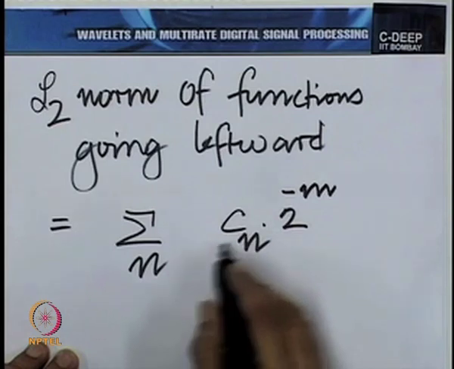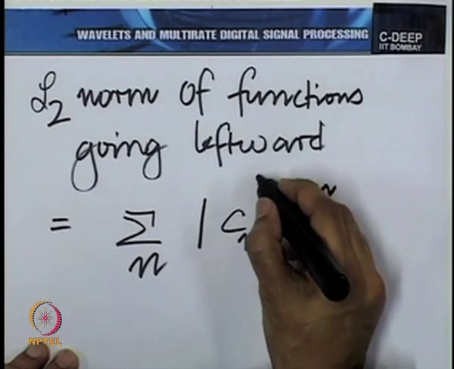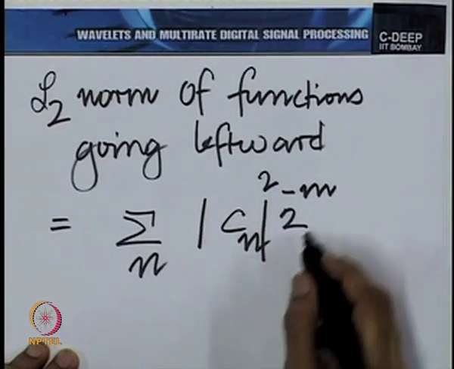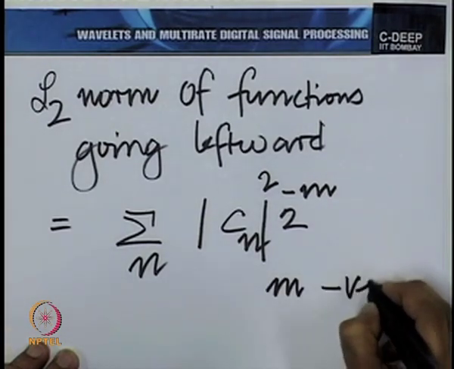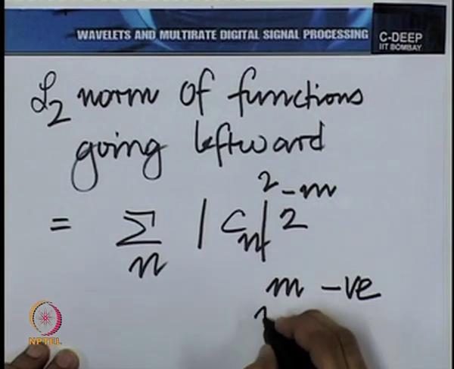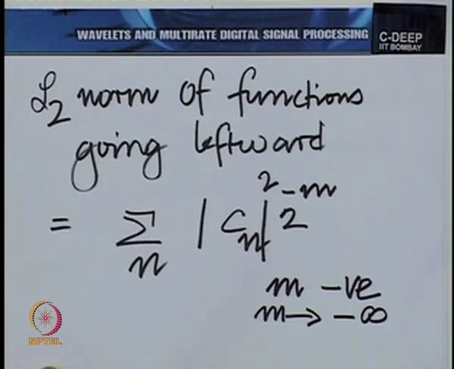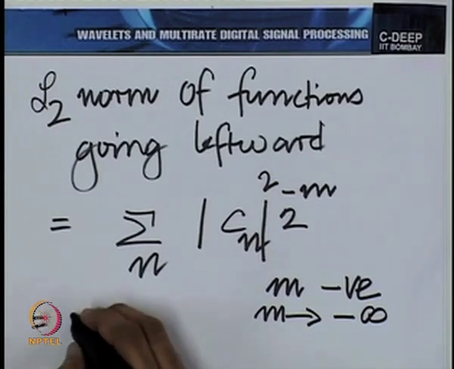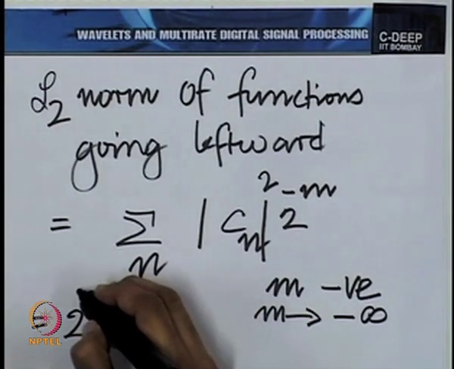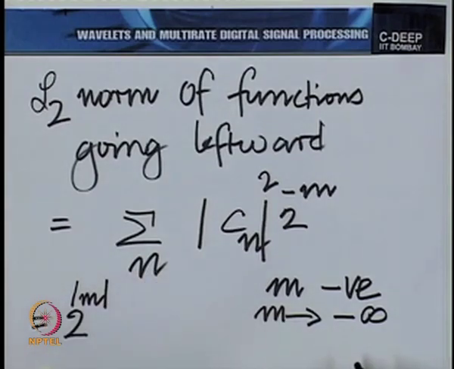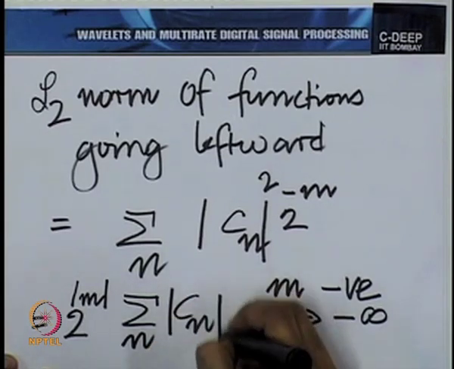So, this is essentially, you are talking about integrating mod C n squared, it is a constant over an interval of 2 raised to the power minus m, and please remember m is negative and m goes towards minus infinity as you go leftwards. So, that is the same thing as 2 raised to the power of mod m in the context of negative m, and summation on n mod C n squared.